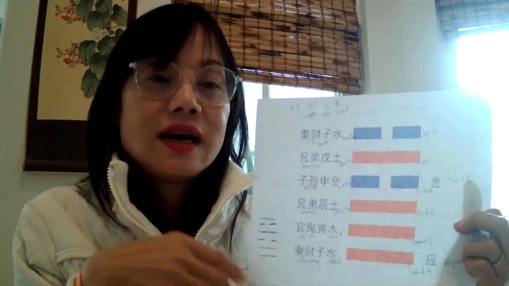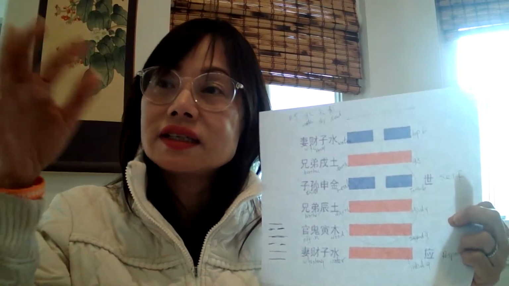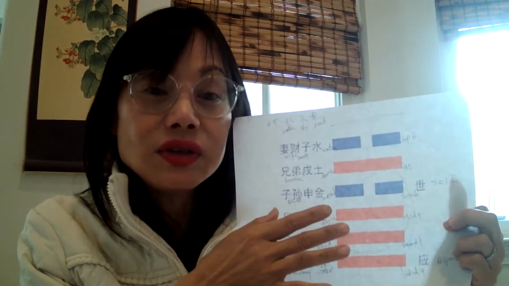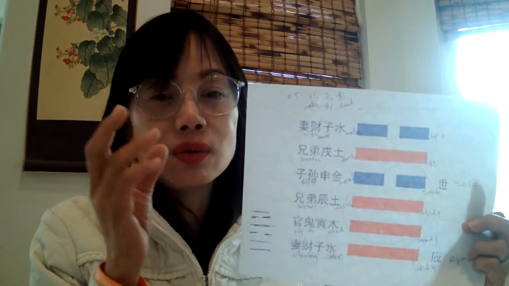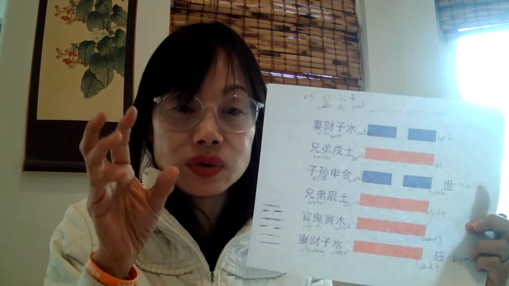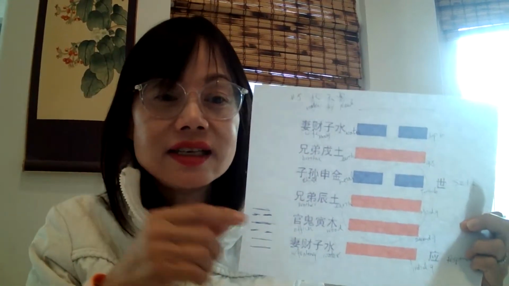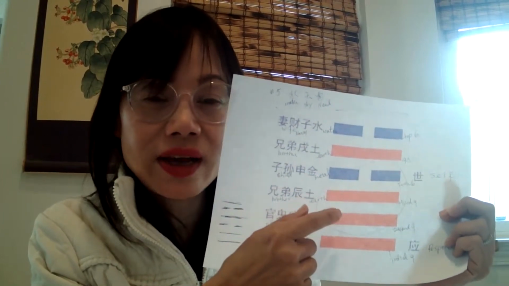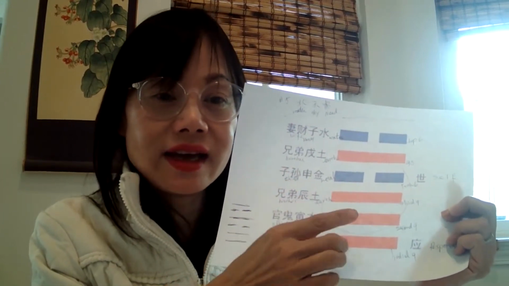All right, and usually when we set up the hexagram, we have to look at the time, day, and what the weather is, and stuff like that. And then you know how they work. So when we set up a hexagram, we want to have an initial hexagram. Then we do interact hexagram.